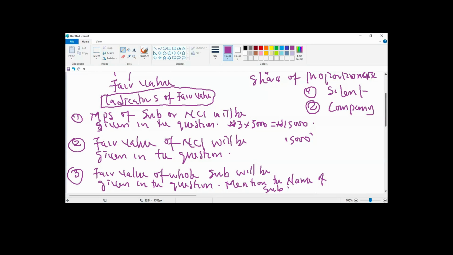If the net asset is 1,000 and the group structure is 70-30, I mean the parent has 70% and NCI has 30%, then 30% of the 1,000 will be the value of NCI. Thank you, sir. Is it clear? Yes, sir.